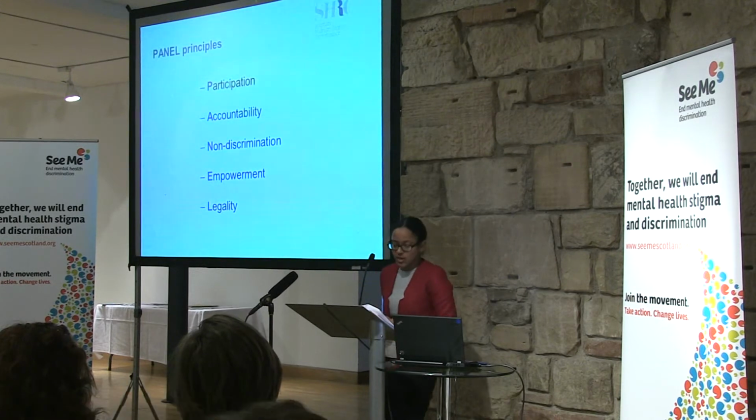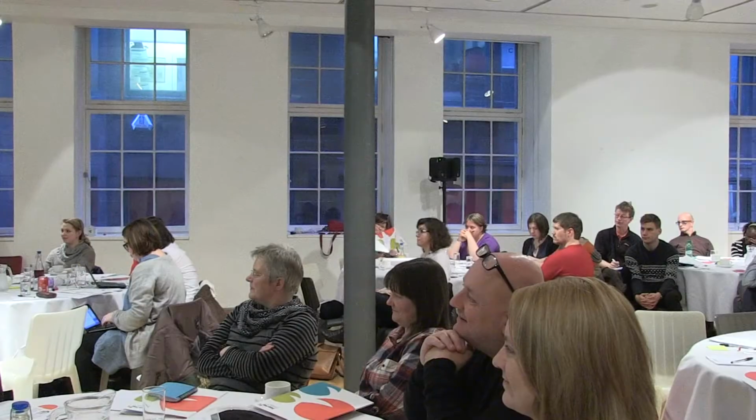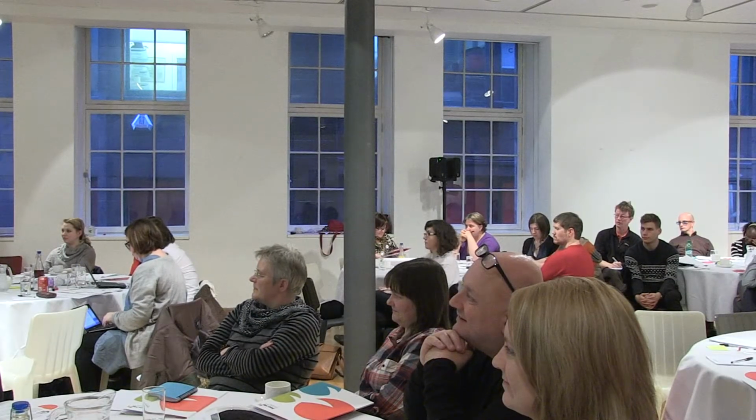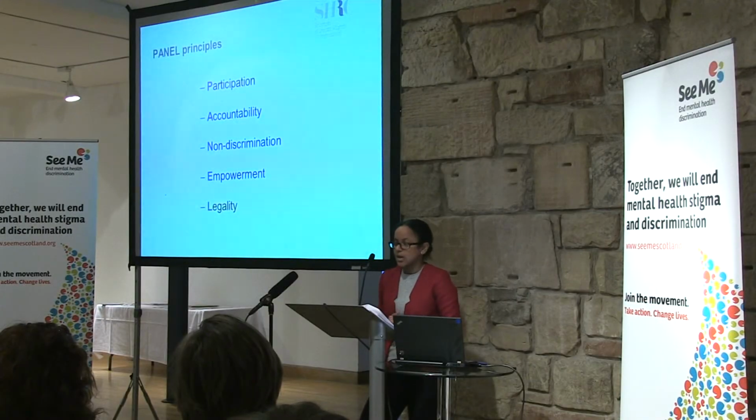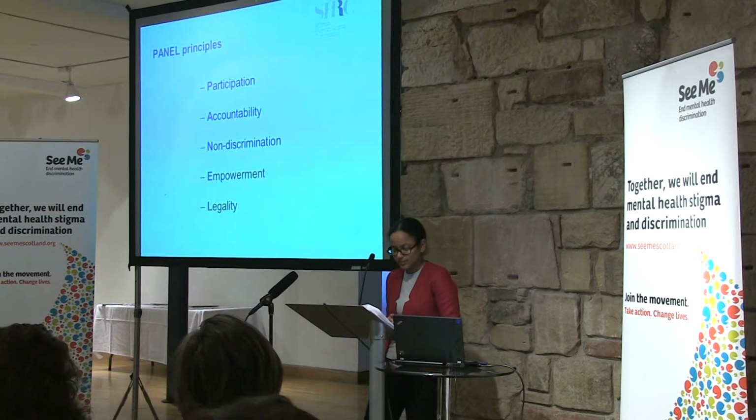The A stands for accountability, and this is the accountability of those who make decisions that affect people's rights to rights holders, people whose rights are affected. And this requires both effective monitoring of human rights standards and effective remedies when human rights standards are not met.